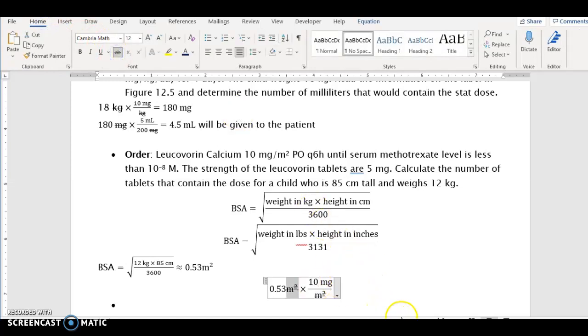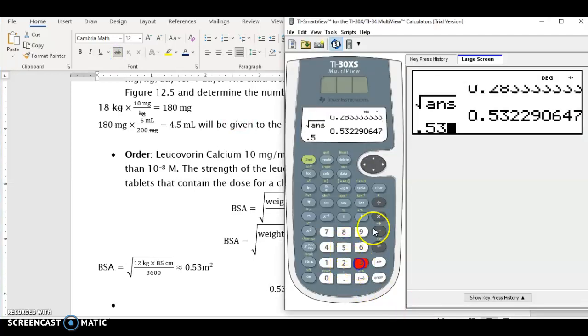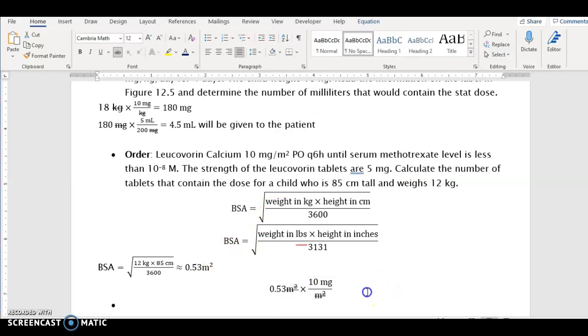So 0.53 times 10. You can probably do a quick mental calculation, but let's put it in the calculator to double check. So we get 5.3 milligrams. That's the amount of the dose.